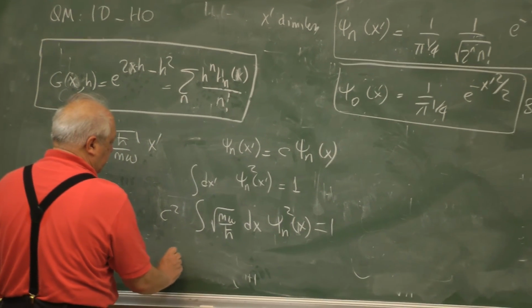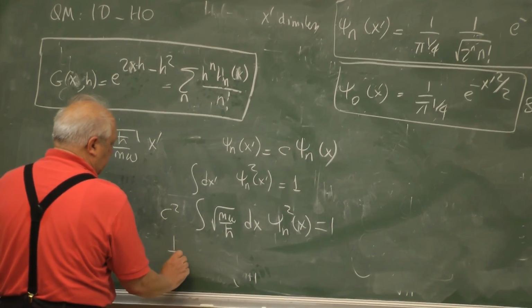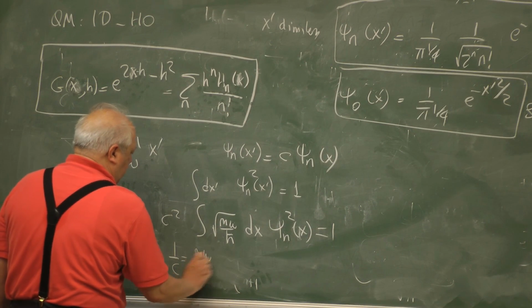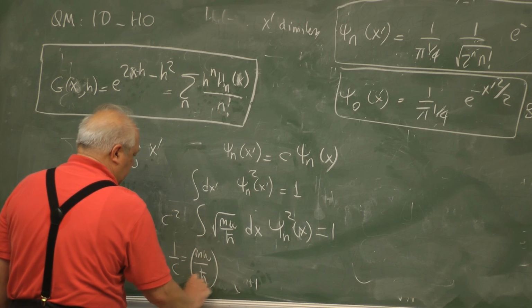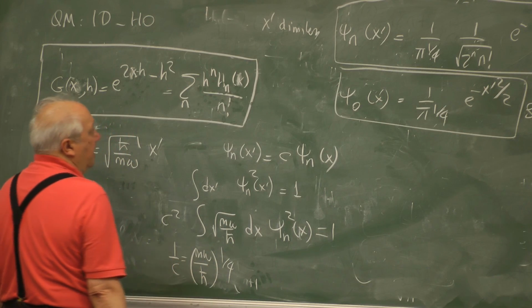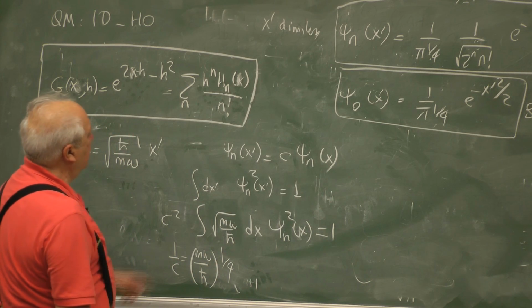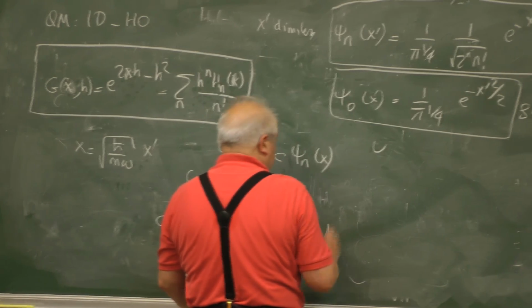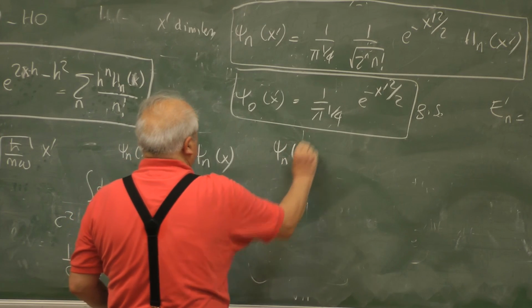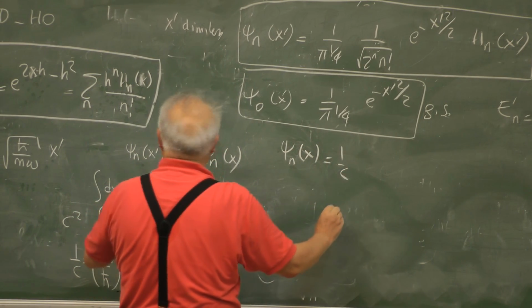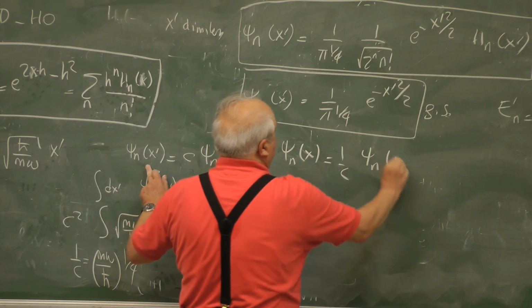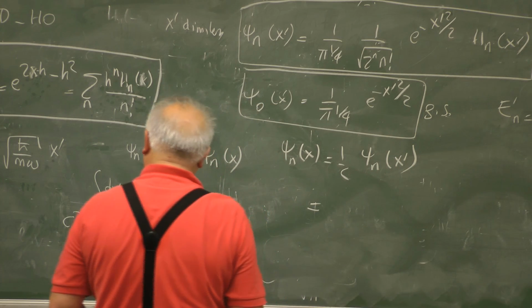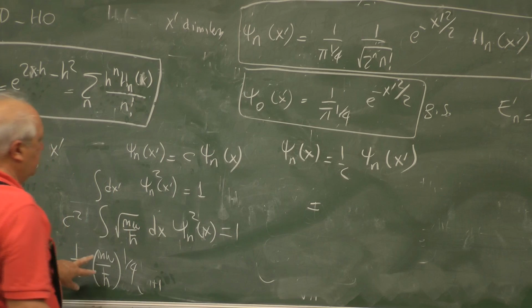Therefore, 1 over c is m omega over h bar to the 1 over 4. And psi n of x is equal to 1 over c times psi n of x prime, and 1 over c is here.